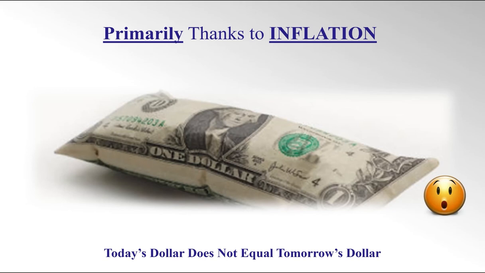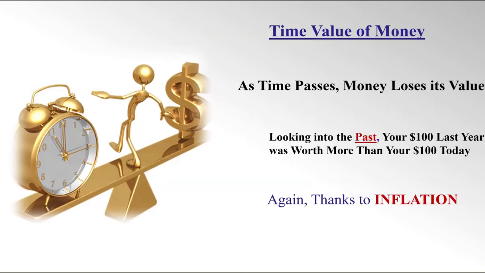In general, for example, a gallon of milk today would cost less than it would a year from now. So therefore, prices get inflated. But if you have the same dollar, as prices go up, you won't be able to buy as much. So you can say as time passes, money loses its value. By the same token, your $100 of last year was worth more than your $100 today. And that is precisely because of inflation.